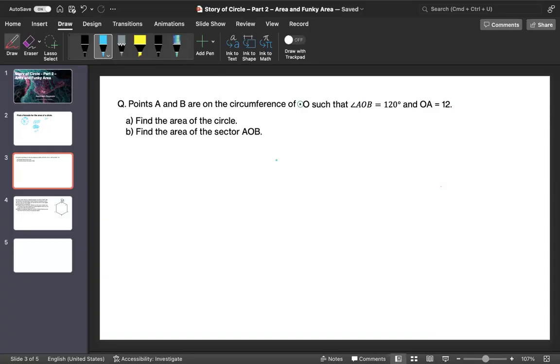We're going to try and draw a little diagram for this because questions don't always give us diagrams. So here we have a little circle, there's our point A and our point B, and here's our little center O.